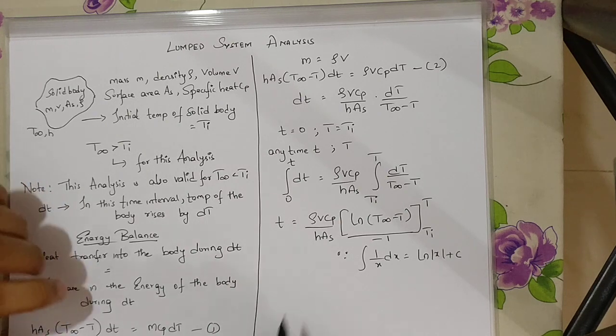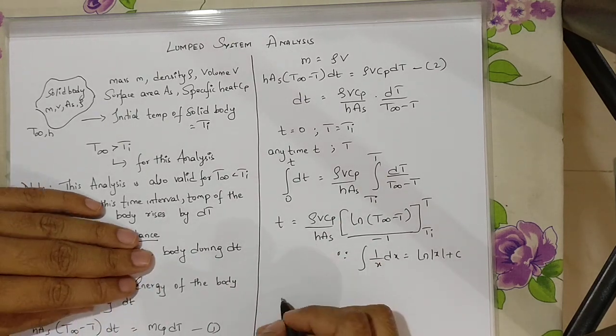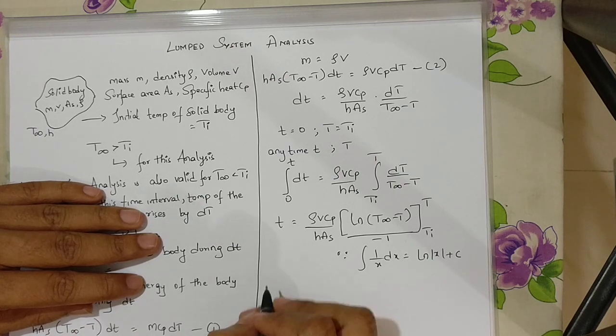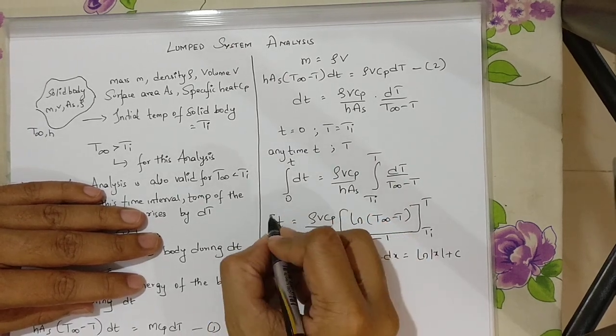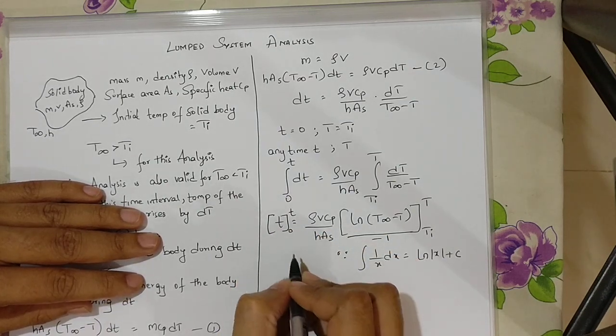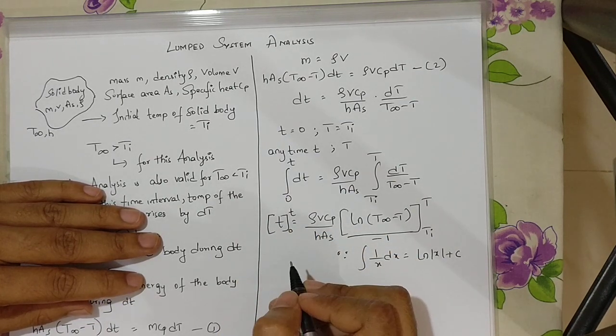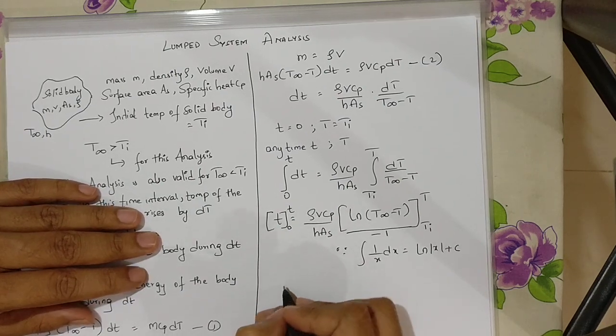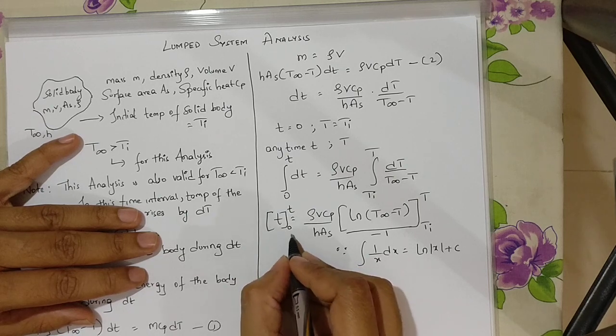So far so good. Now the integration of 1 dt is t, so let me write the limits as well. When I apply these limits here, what happened, guys? It would be the upper limit minus the lower limit.